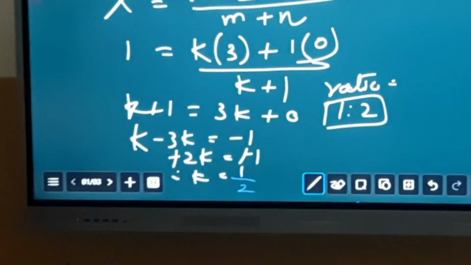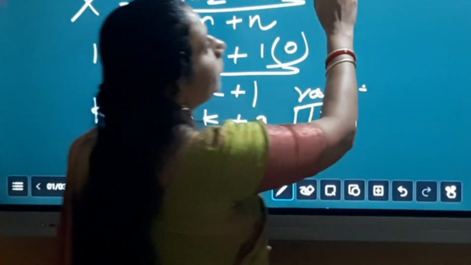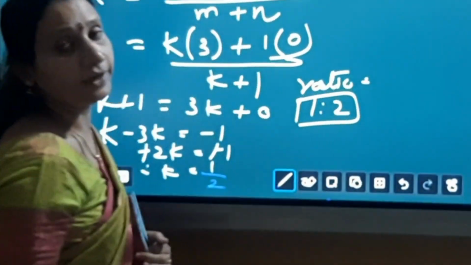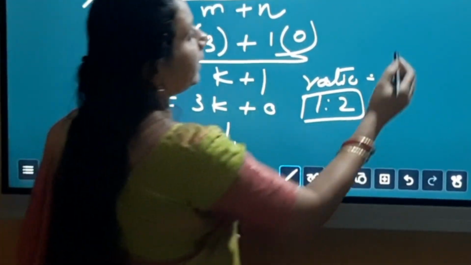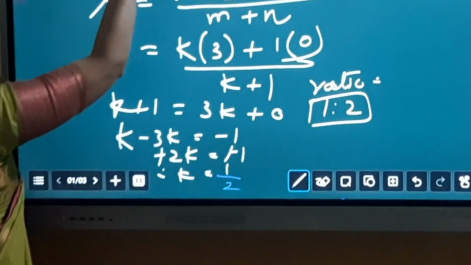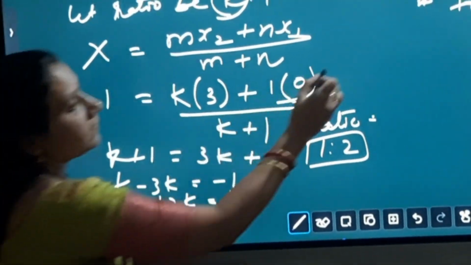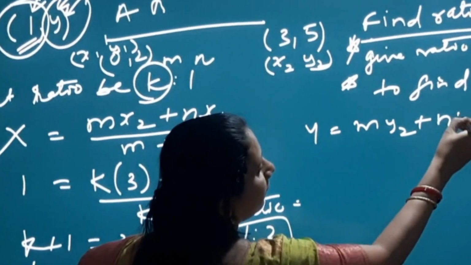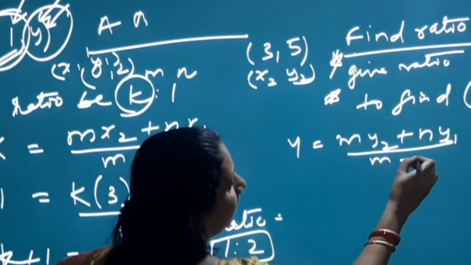Now the same question I am solving, if suppose the ratio is given and they are asking to find y. How to find y? Let's start with that. For that case, we will start with y, as y is unknown. So we will find y as (m y2 plus n y1) upon (m plus n).